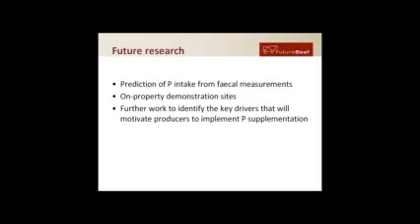The other issue is to look at doing some work to identify what the key drivers are that will motivate people to implement phosphorus supplementation. The economic benefits have been clearly defined, and it shows that there's a huge benefit from wet season phosphorus supplementation where there is a deficiency.